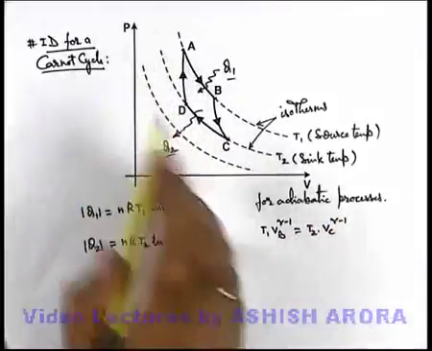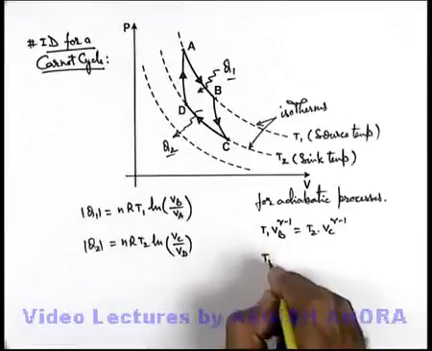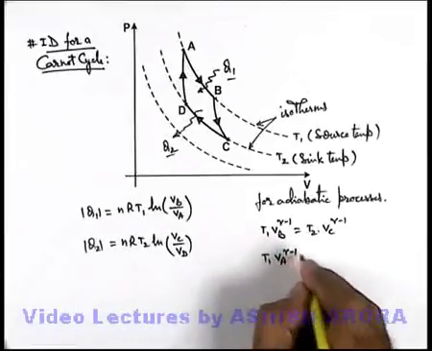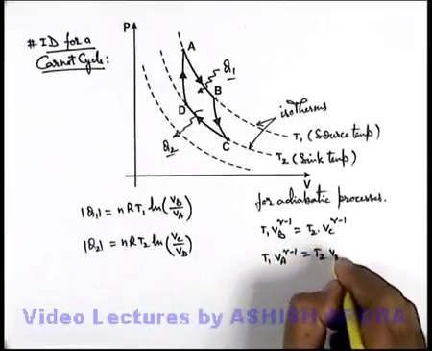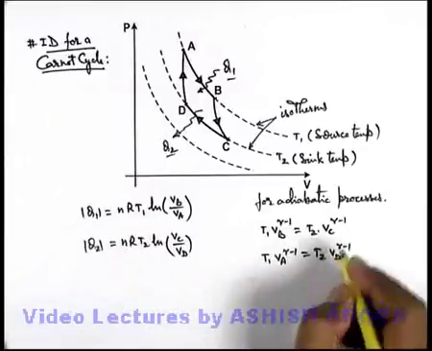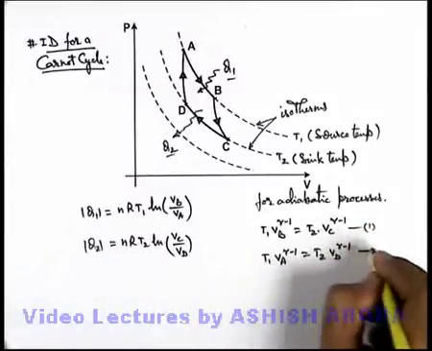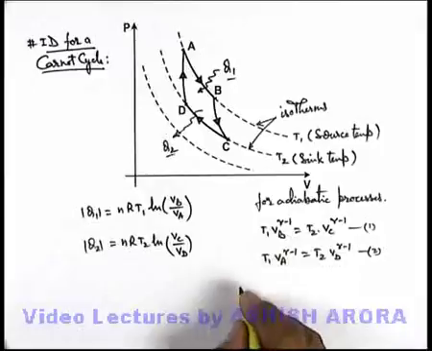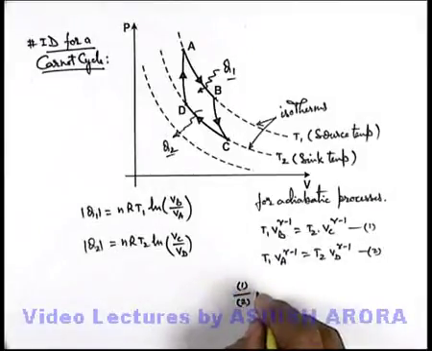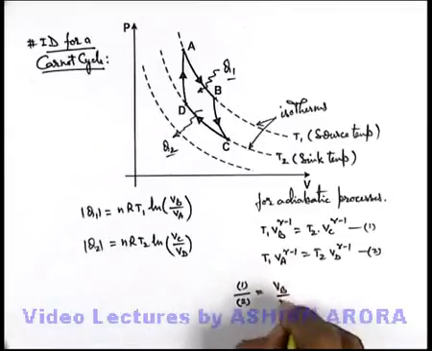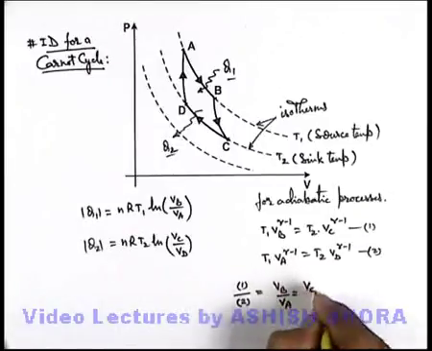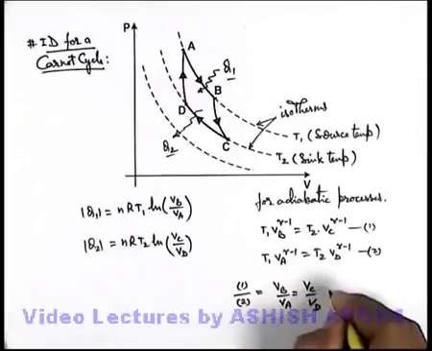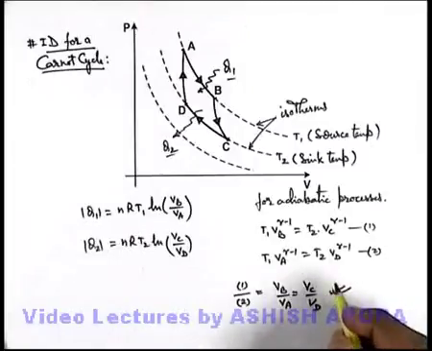Similarly, for processes D and A, we can write T1 into Va to power gamma minus 1 is equal to T2 into Vd to power gamma minus 1. If these are equations 1 and 2, and we divide them, 1 by 2, we get Vb upon Va is equal to Vc upon Vd. This is also a very useful relation.